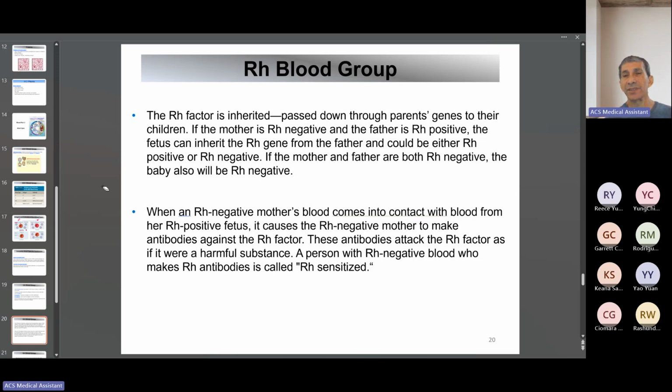Otherwise, the fetus is going to die because the blood of the fetus, which is the blood of the father, is going to mix with the blood of the mother, and you are not going to be able to survive because that blood is going to be mixed and the fetus is going to die.